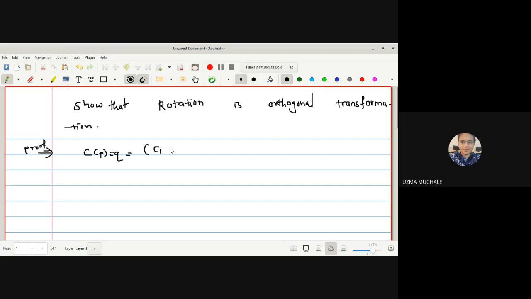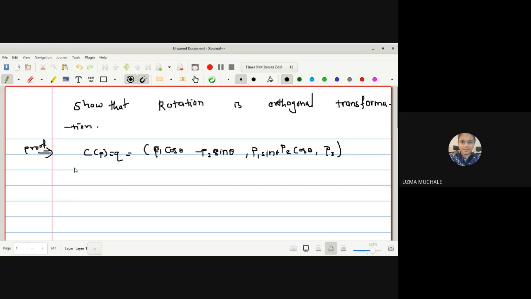So we can write C of P as P1 cos theta minus P2 sin theta, P1 sin theta plus P2 cos theta, P3.